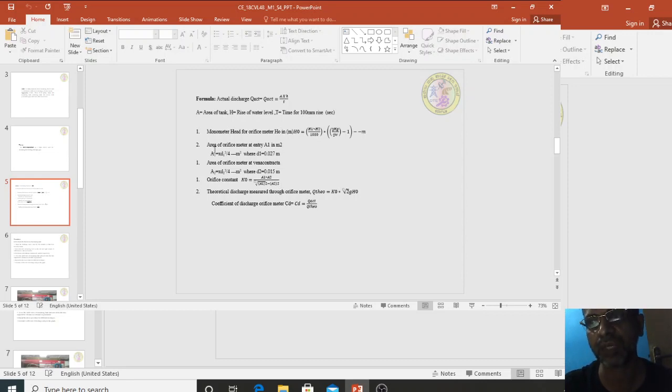A1 is nothing but the area of the orifice meter at entry, in meter square, which is given by the circular pipe area pi d square by 4, where D1 in our laboratory, in most of the model tanks, will be 0.027 meters.